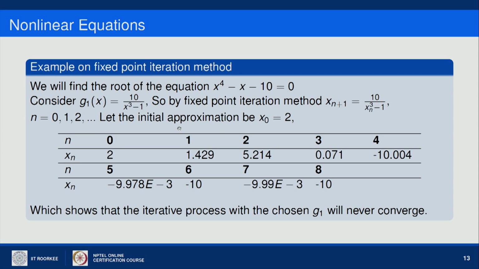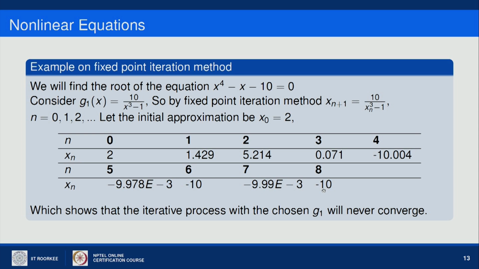We start with an initial approximation x naught equals 2, and then x1 becomes 1.429, x2 becomes 5.214, x3 becomes 0.071, x4 becomes minus 10.004, x5 becomes minus 9.97 into 10 raised to power minus 3, then x6 becomes minus 10, x7 becomes minus 9.99 into 10 raised to power minus 3.